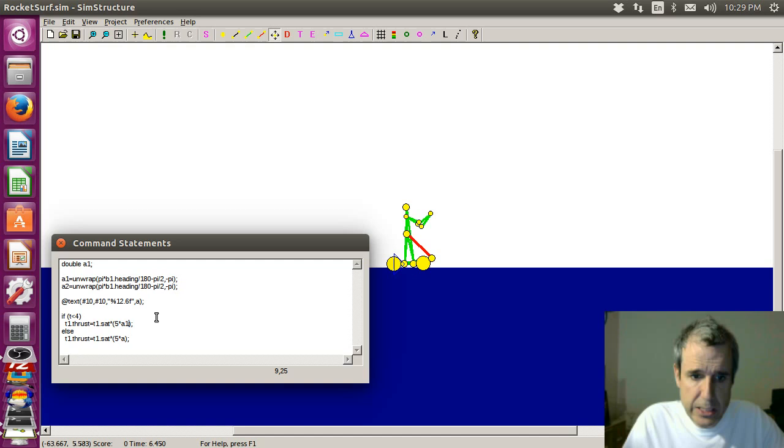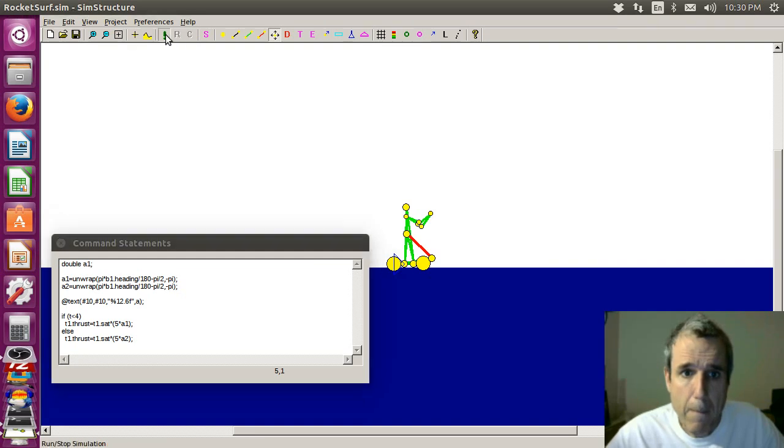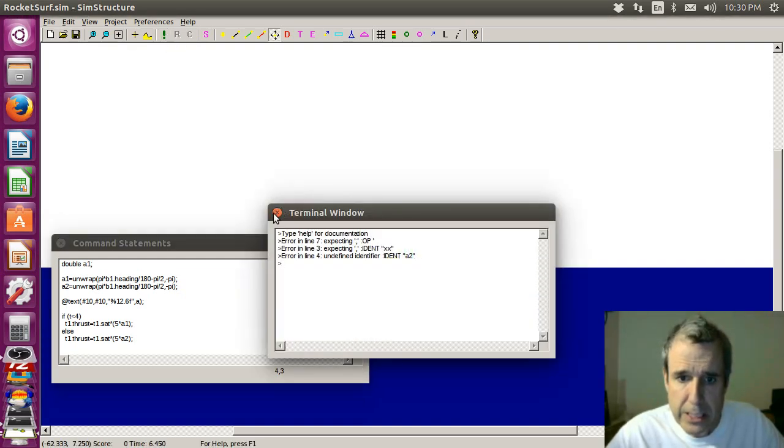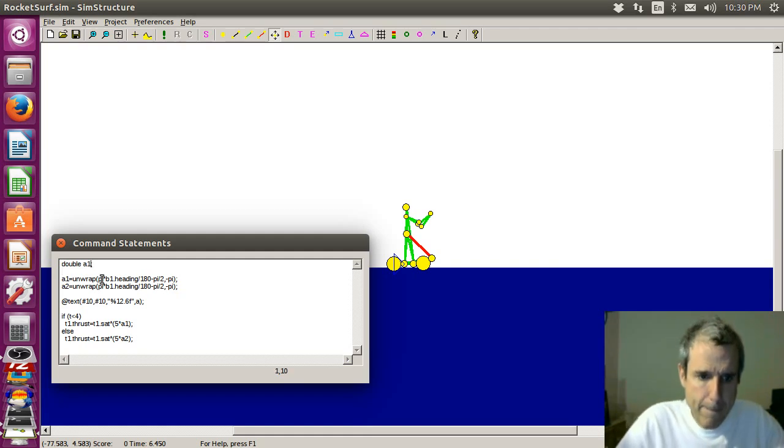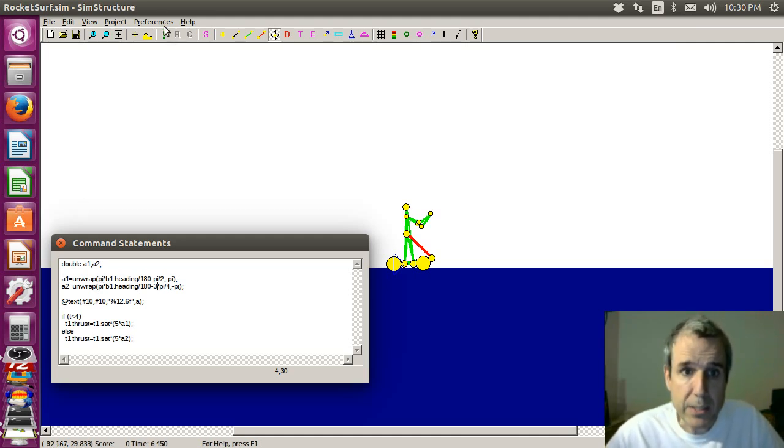Angle 1 is for when we're, and we want this to be, let's see what happens. So angle 2, let's subtract. So this is, let's go 45 degrees. How about that?